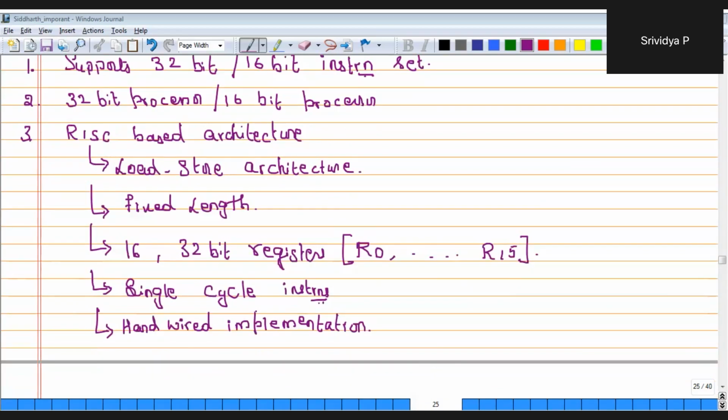We have to note that most of the operations like addition, subtraction, and multiplication with accumulation are all single cycle. Only the division operation takes around 2 to 12 cycles, and again it varies.